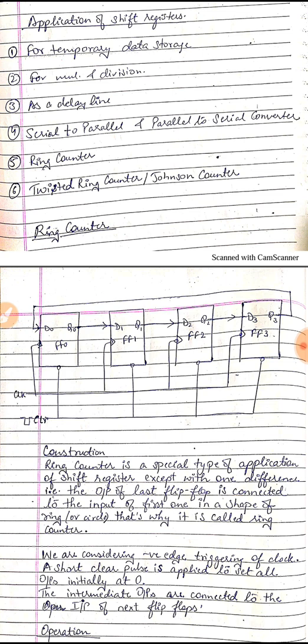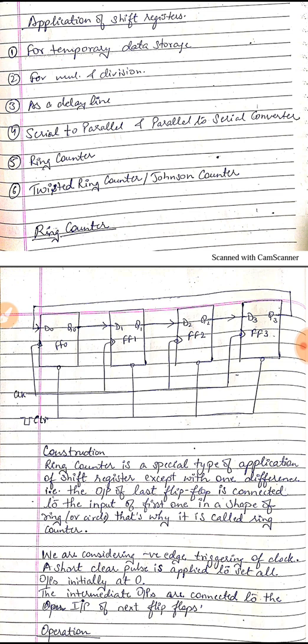What can be the applications? Shift registers can be used to store data temporarily. If I want to store 5 bits of data, I would need 5 flip-flops. It can be used for multiplication and divisions.